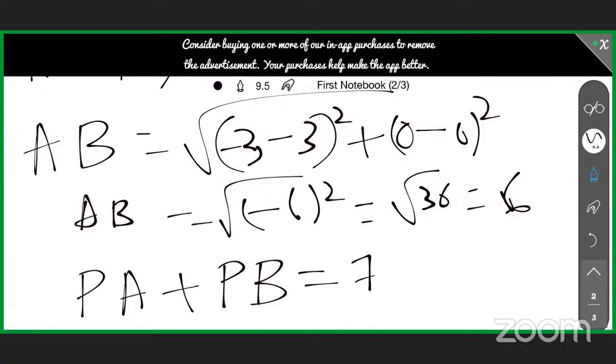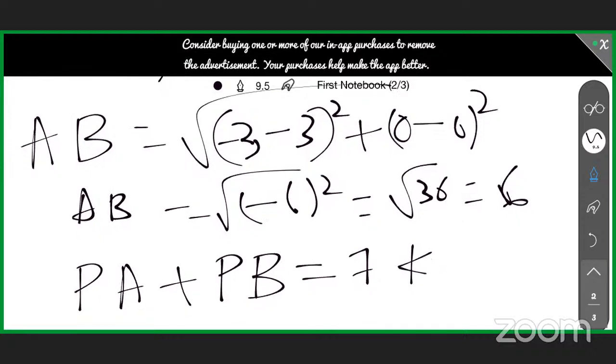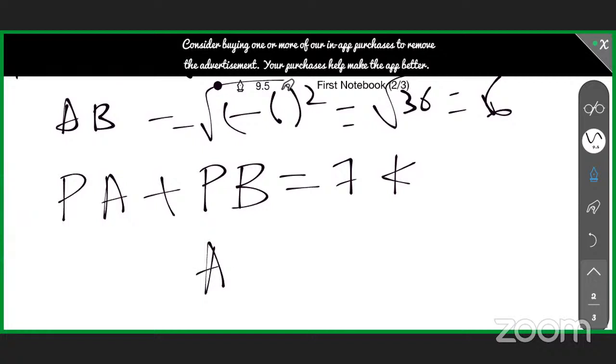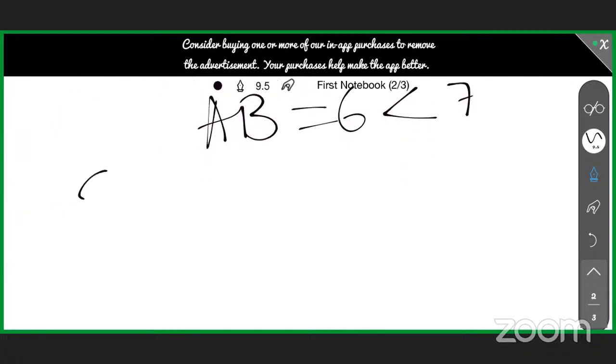So let us say 7 is some constant k. Since my AB, the distance between the fixed points, is equal to 6, which is less than 7, by this itself I conclude that the equation of my locus is an ellipse.